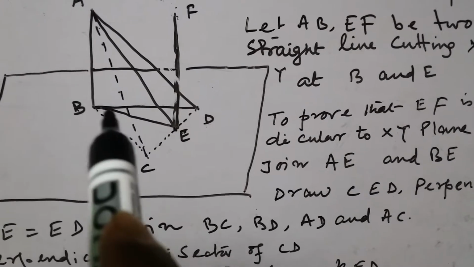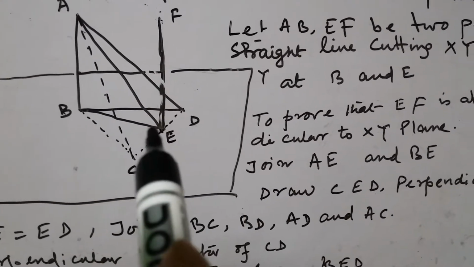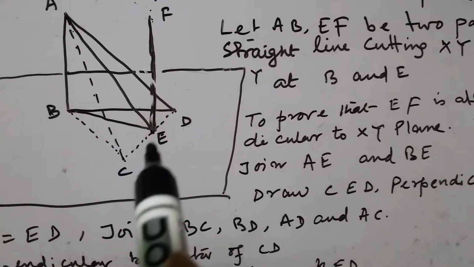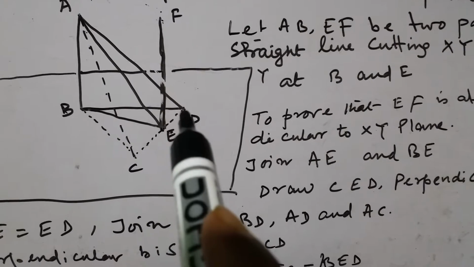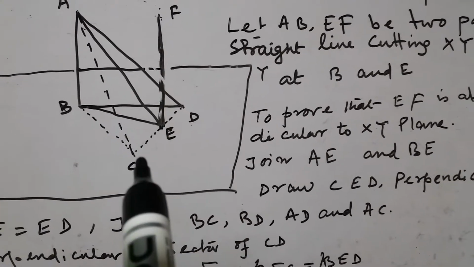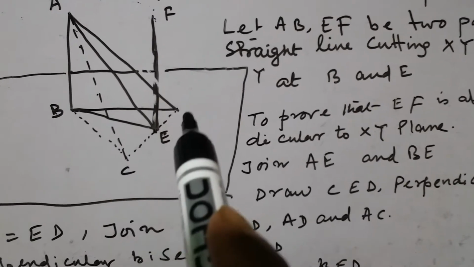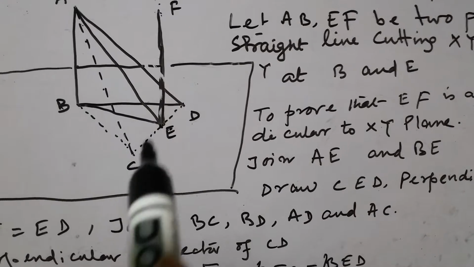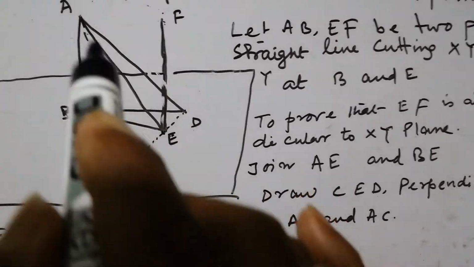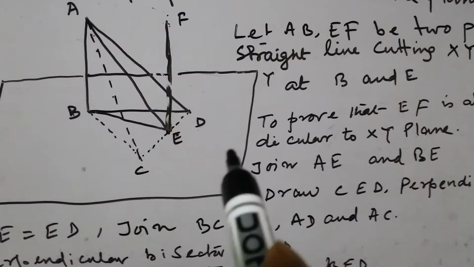At first, in triangles BEC and BED, we get CE is equal to ED, as we draw CED such that CED is perpendicular to BE. Then we join AC, AD, BC and BD.